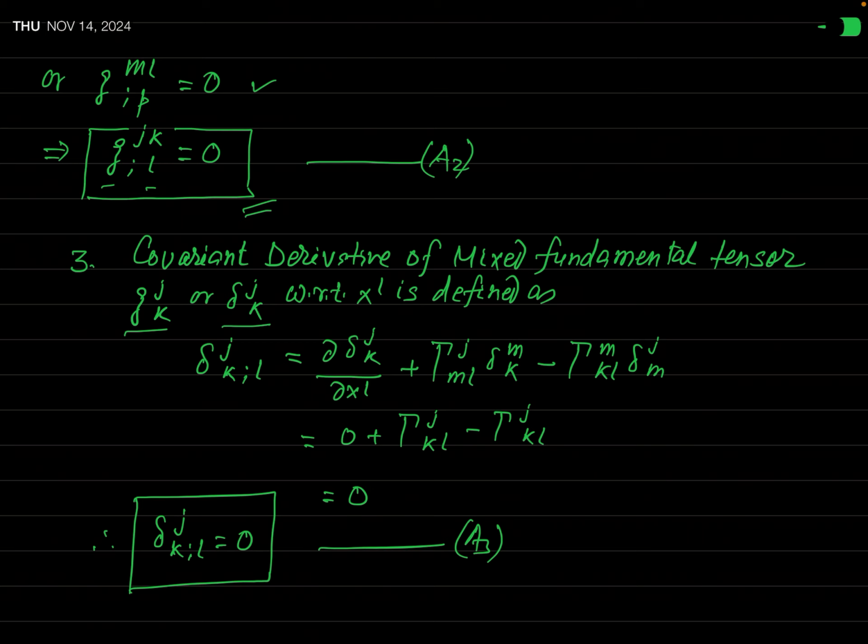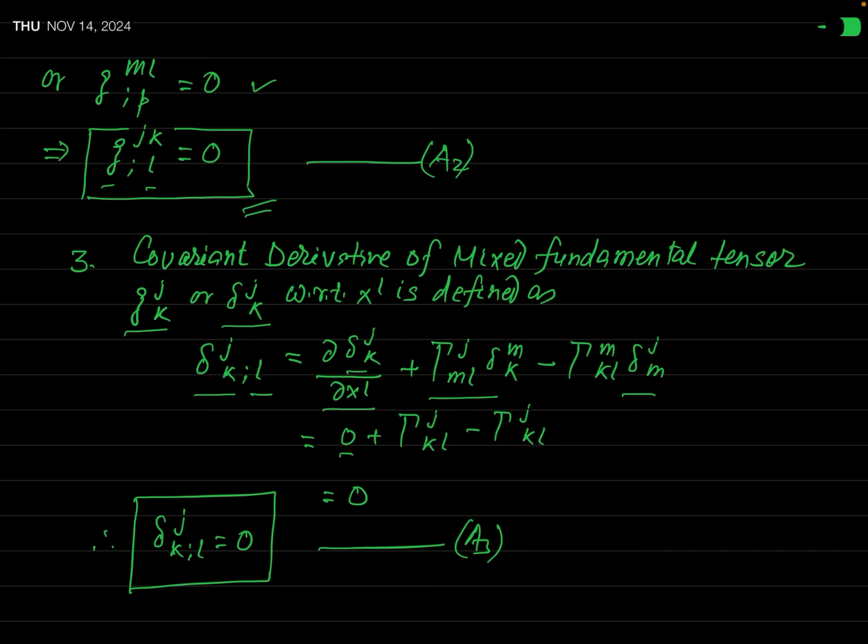You have seen that the covariant derivative of this delta jk with respect to x^l is equal to del delta jk by del x^l plus gamma jml delta mk minus gamma mkl delta jm. This has been written on the basis of the previous result. But as you know, the Kronecker delta, this delta jk, is a constant, and therefore its derivative will be 0.